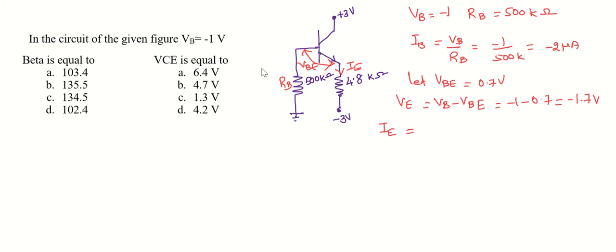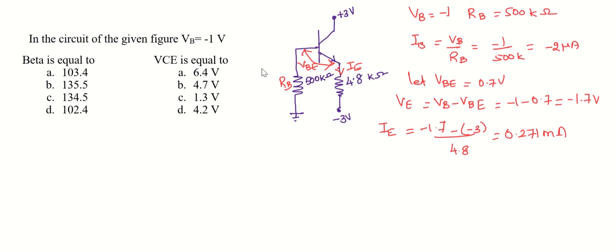Already we had found VE, the emitter terminal voltage, is minus 1.7. So minus 1.7 minus of minus 3, divided by 4.8, which is equal to 0.271 milliamps.